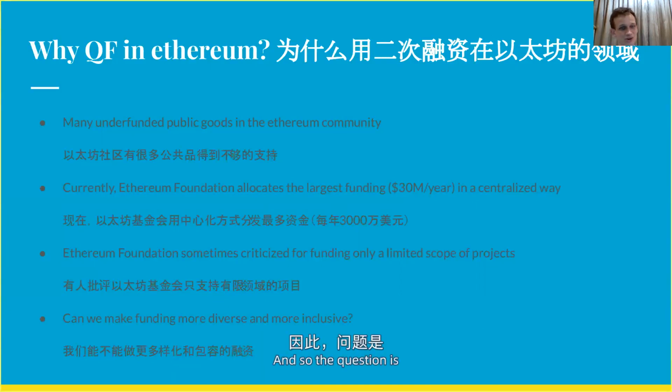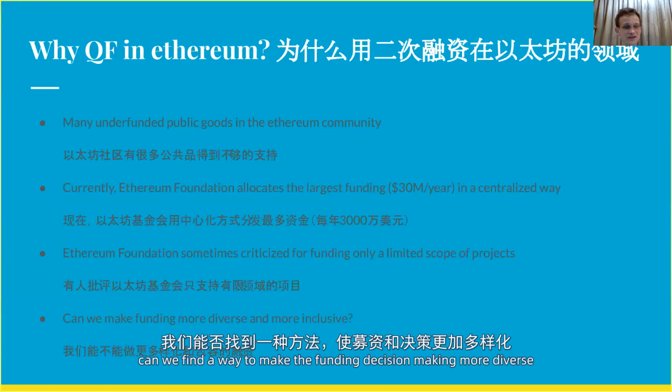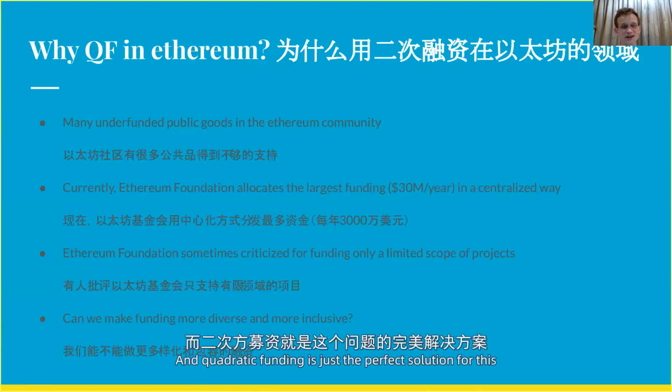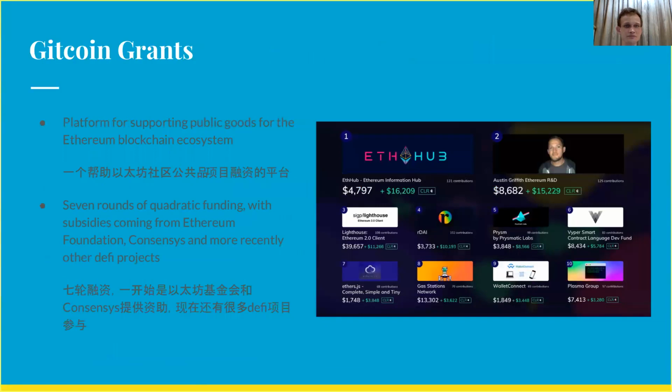And so the question is, can we find a way to make the funding decision making more diverse and more democratic and more open and inclusive? And quadratic funding is just the perfect solution for this.